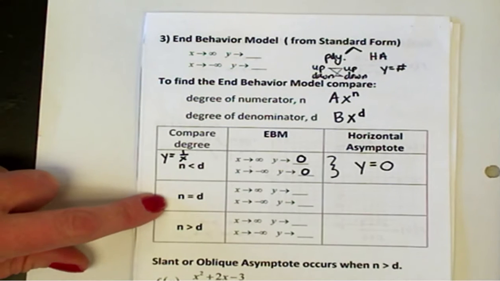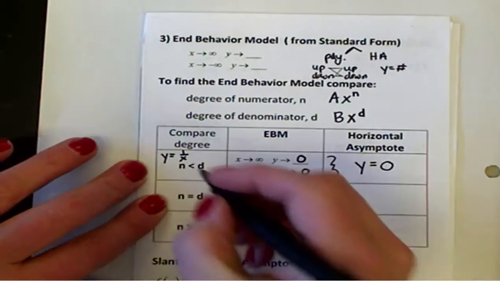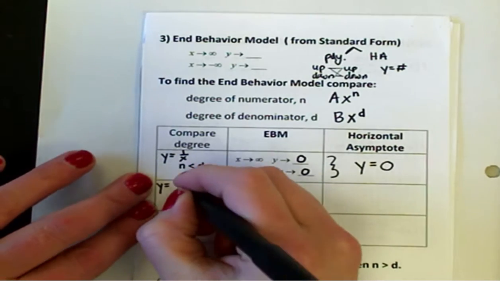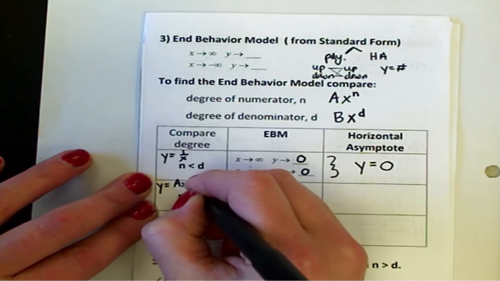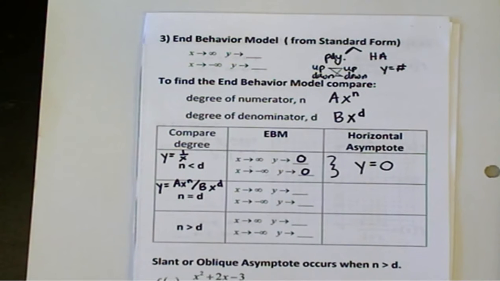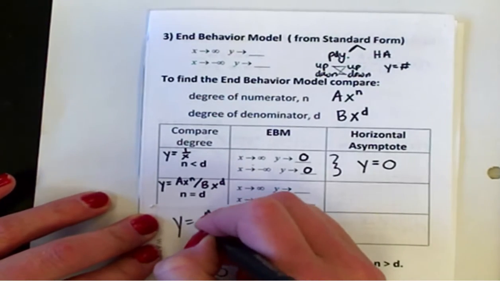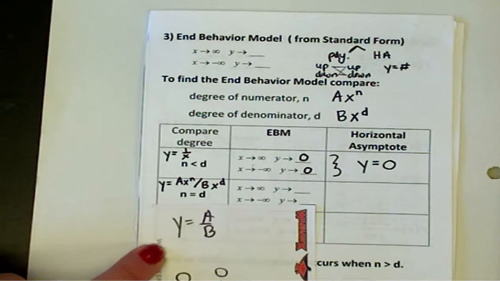Okay, so let's do an example of the balanced case, where the degrees are equal. Y equals a x to the n over b x to the d. Now, that reduces. If n and d are the same, the x's cancel out. It reduces to this.